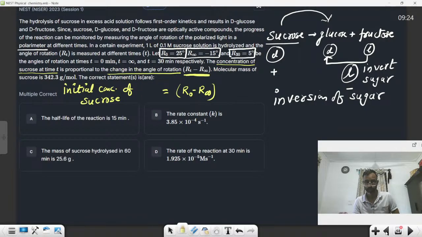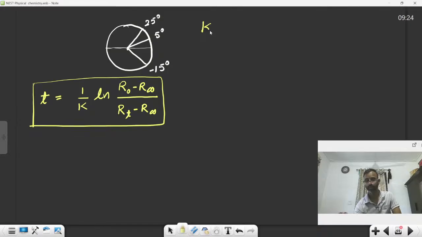So what are the correct statements? First, calculate the rate constant. The rate constant k is equal to 2.303 by t log of R naught minus R infinity divided by Rt minus R infinity.